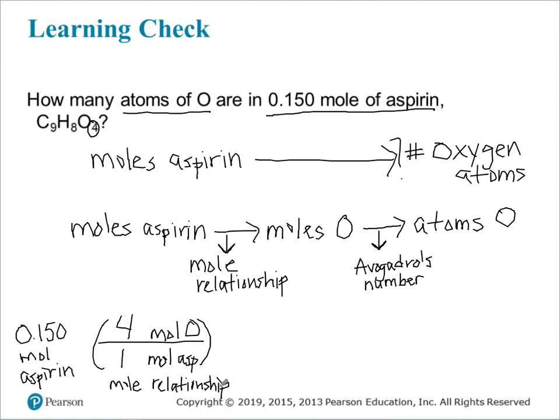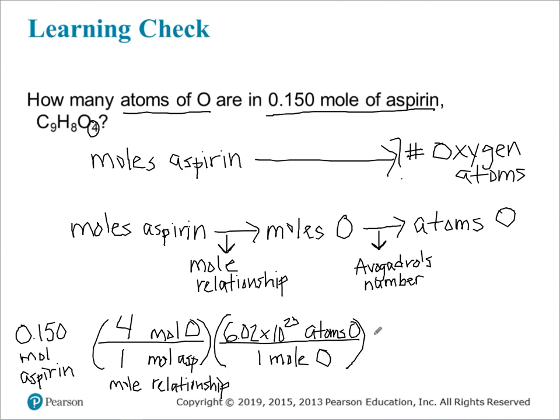Now we need to go from moles of oxygen to atoms of oxygen. What we want needs to be on the top. That's atoms, which is number of things. So we're going to put Avogadro's number at the top. And then we're going to put 1 mole of oxygen at the bottom.